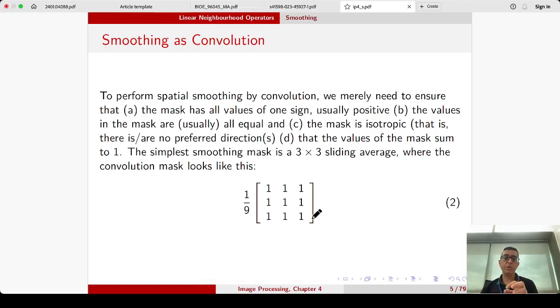Okay. Now, the 3x3 sliding average we've seen here effectively weights each pixel by the same amount when it computes an output value relative to the input neighborhood. Sometimes one might think that if we want to preserve a little bit more of the intensity, so give more importance in that averaging operation to pixels that are nearer to the center of the mask, then that would be a sensible thing to do.